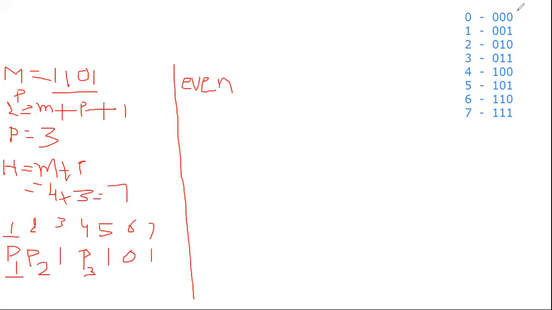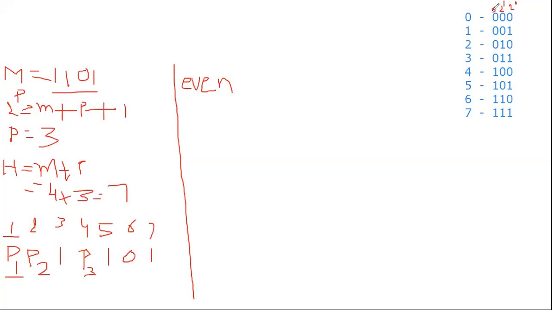So in this table, the first column is 2 power 0. Okay, 2 power 0. The next column is 2 power 1.